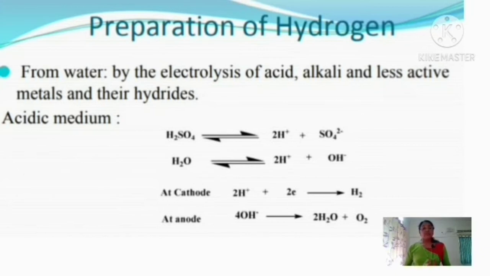Because the discharge potential of the sulfate ion is very high compared to that of the hydroxide ion, the sulfate anion cannot be discharged at the anode. So on passing electric current through water in the presence of acid medium, hydrogen gas will be liberated at the cathode and oxygen gas will be produced at the anode.